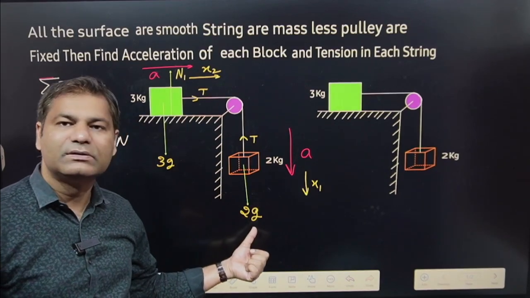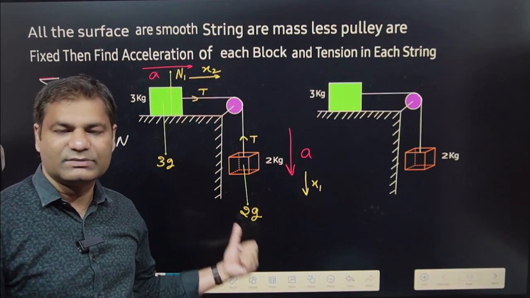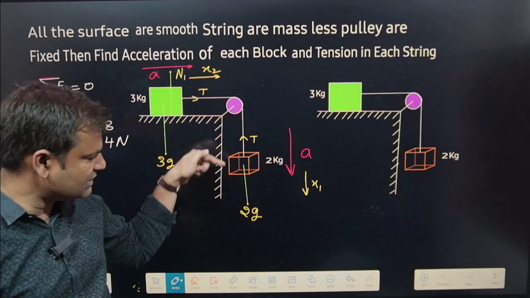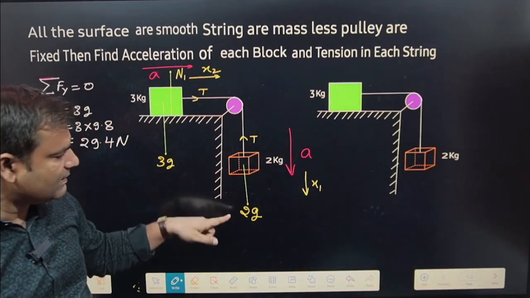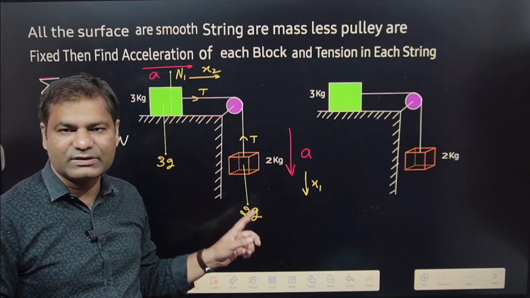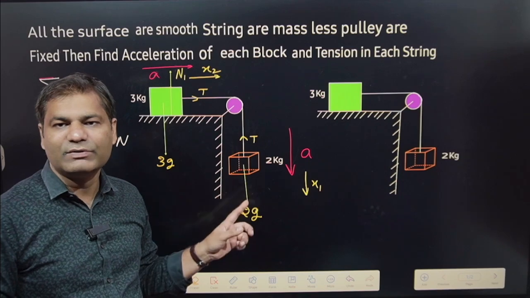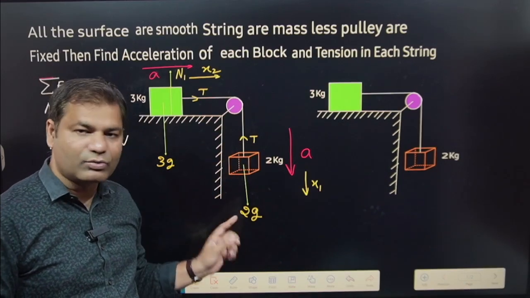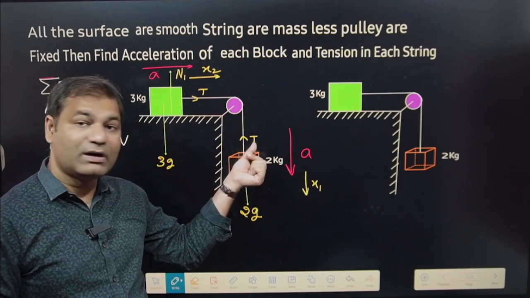Only 2g, this weight, because this force direction is downward. So that force is responsible for this block going downward, and the other is in the opposite direction.